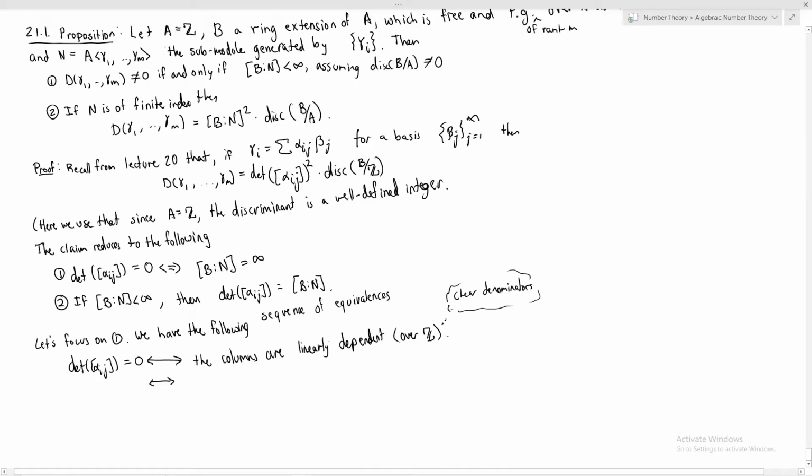Okay. So once I know the columns are linearly dependent, then I know essentially that... I guess okay, so what does this tell me?